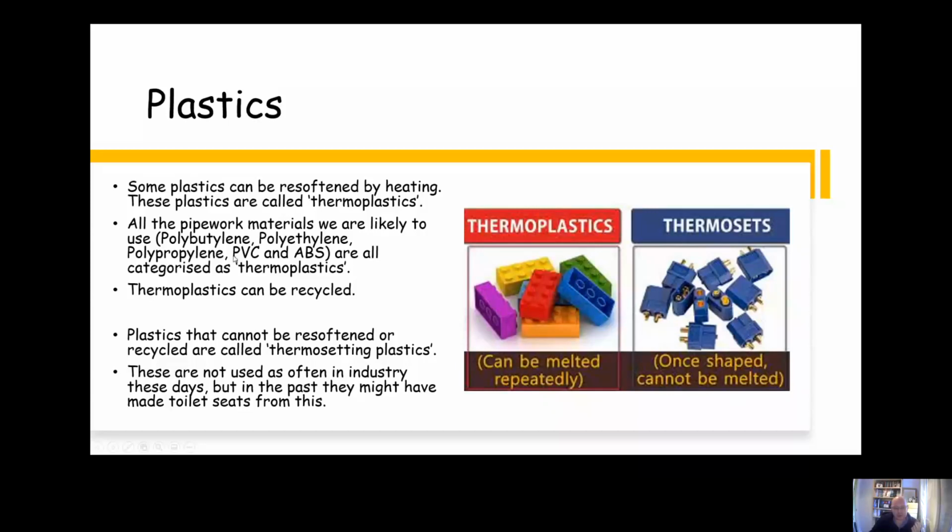And like I say, they can be melted down and recycled. There are some plastics that can't be resoftened or recycled, and they're called thermosetting plastics. We don't generally use them so much anymore in the industry. In the past, they might have been used to make toilet seats, for example, or even toilet cisterns. But generally speaking, we would use thermoplastics, maybe PVC for those these days.